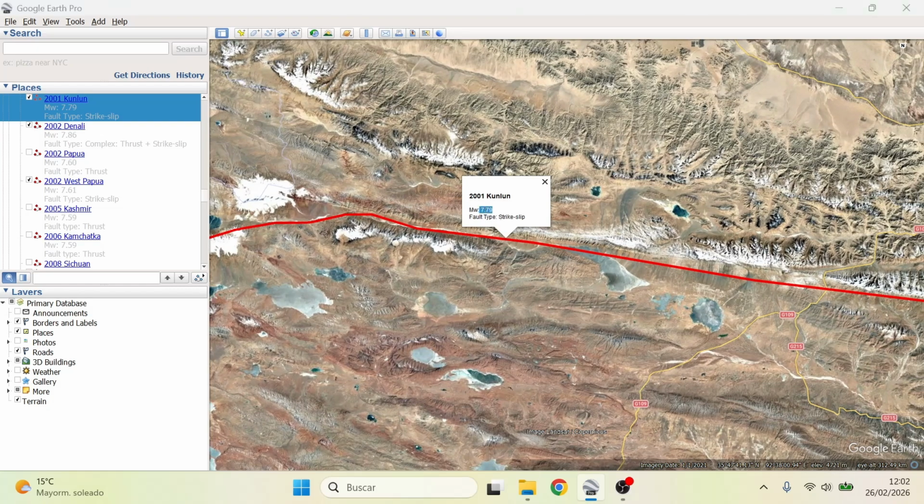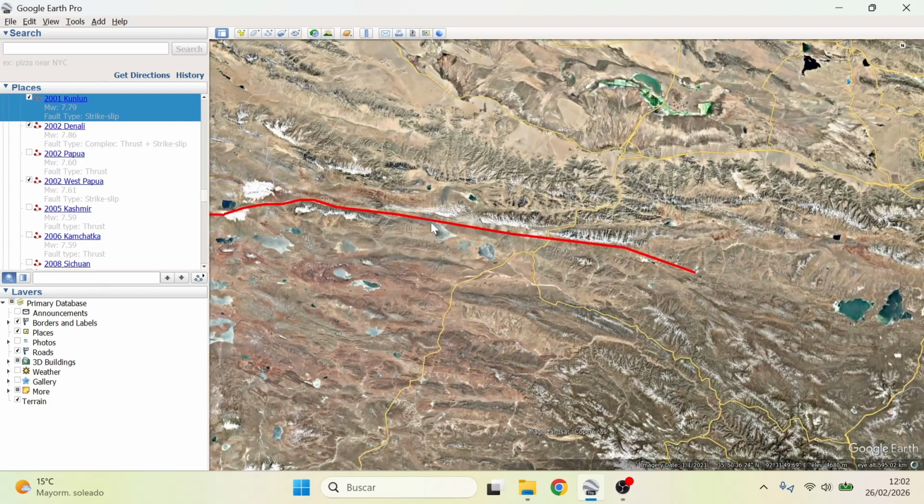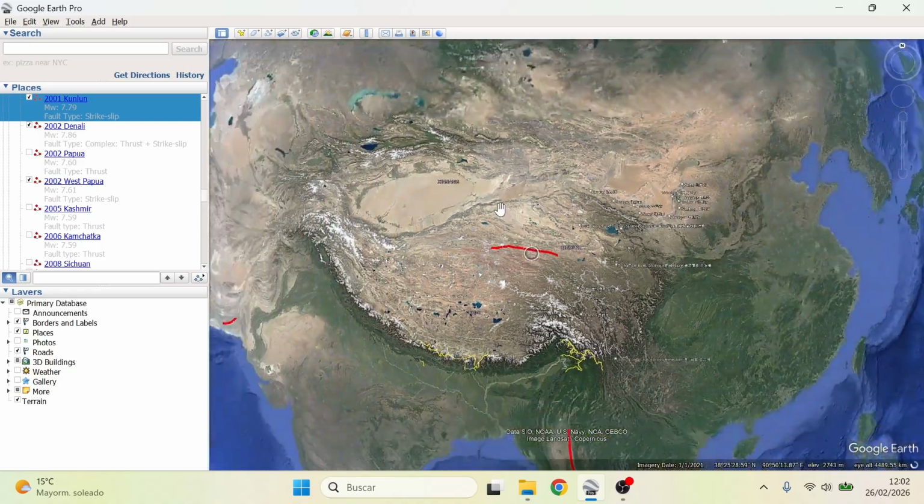Magnitude was at least 7.79 or 7.8, rounded up, and the movement of the fault took almost 6 meters along the entire 400 kilometers. So this is an example in the 21st century, but we have many others.